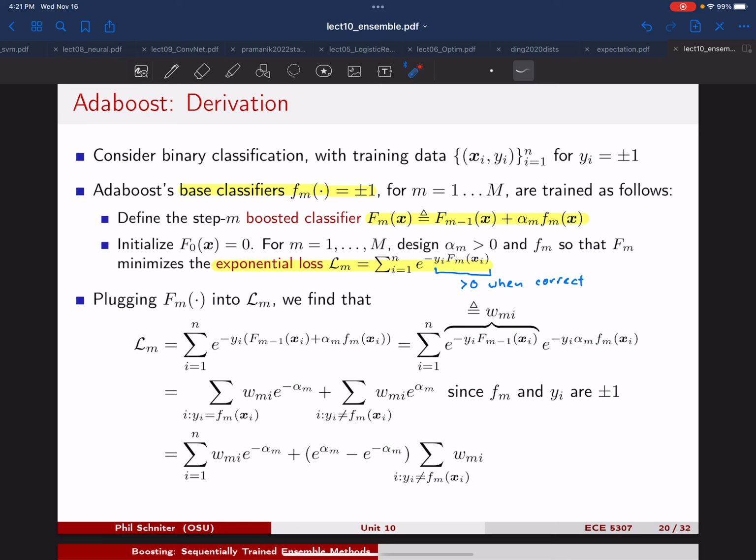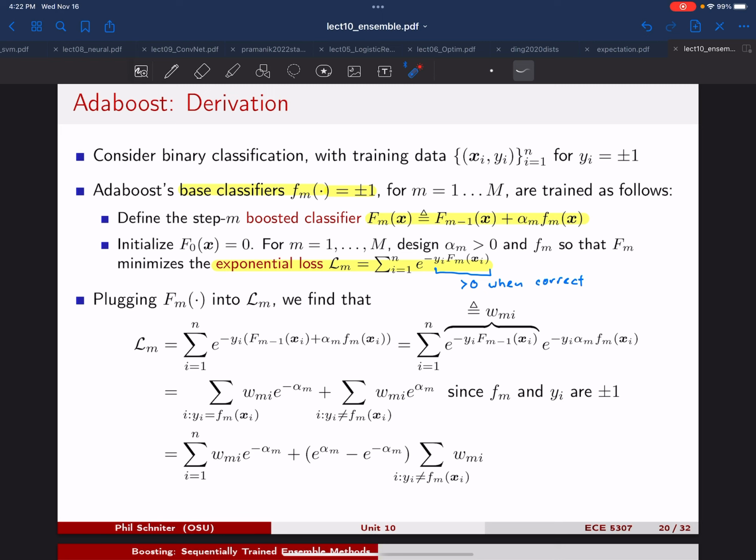Okay, so the next thing we do is we're going to split our sum into two parts. One is a sum over the samples i for which we are making correct decisions. Remember that fm can only be plus minus 1, yi can only be plus minus 1, so when we're correct, they agree. When we're incorrect, they disagree. So we're breaking the sum into correct and incorrect parts.